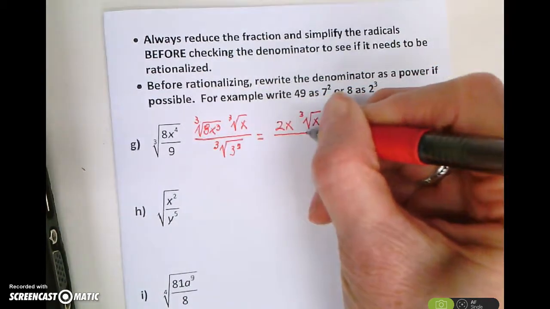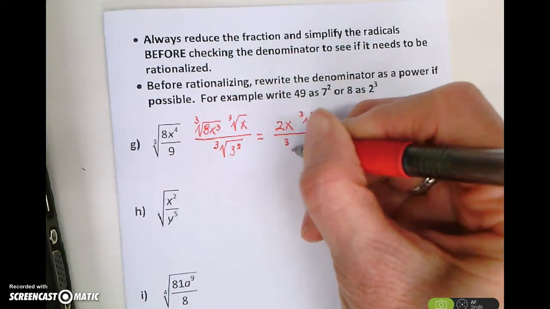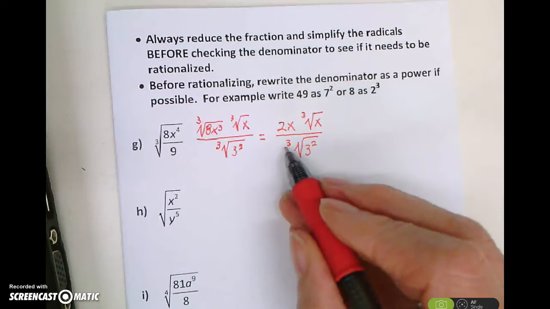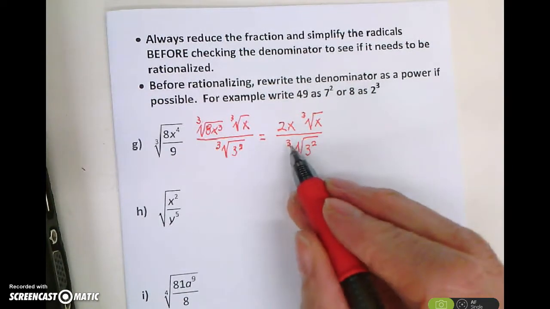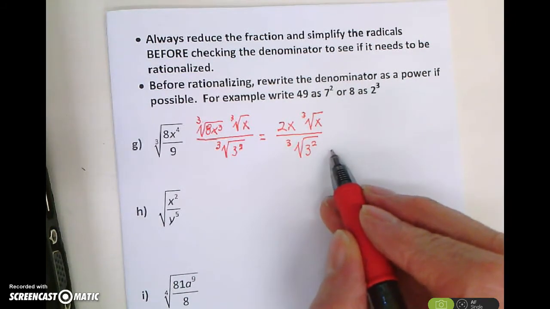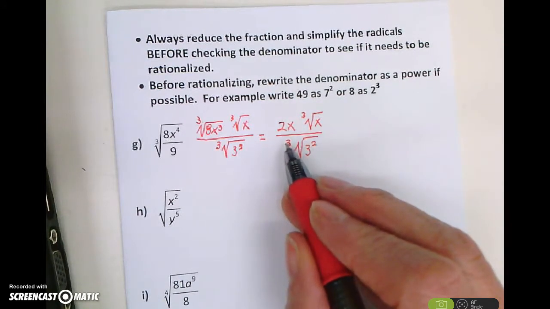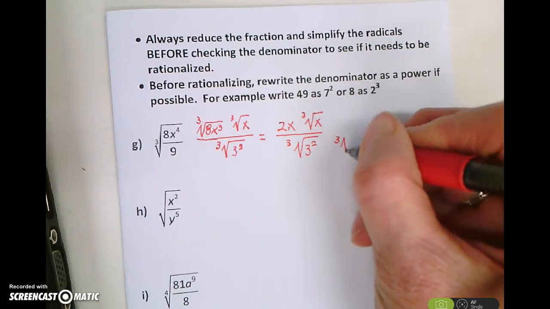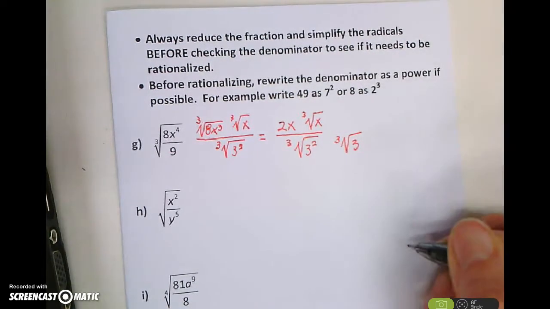And in the denominator now, I've got the cube root of 3 squared. So I do have a radical in the denominator that can't be simplified or reduced. So I need to rationalize it. So the question is, how many more 3's do I need to make it a perfect cube root? Well, I have 2, so I really only need 1 more 3.